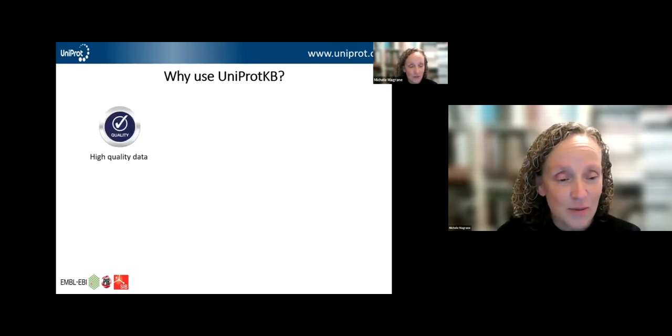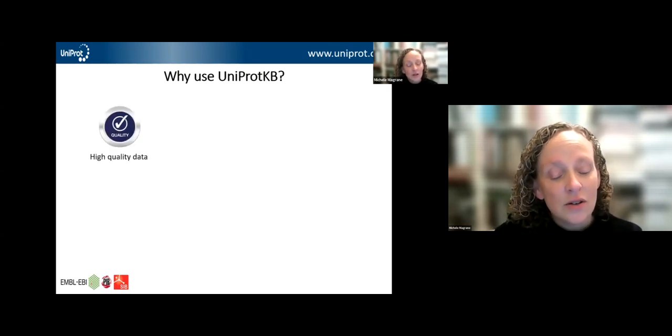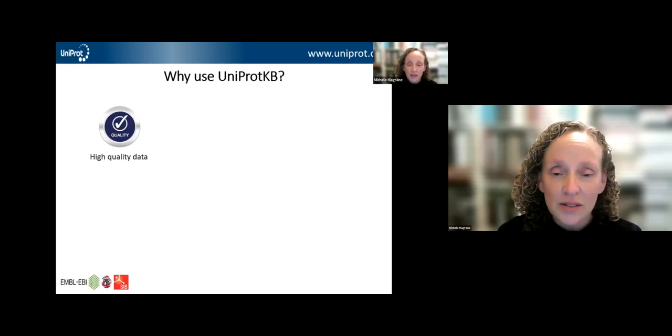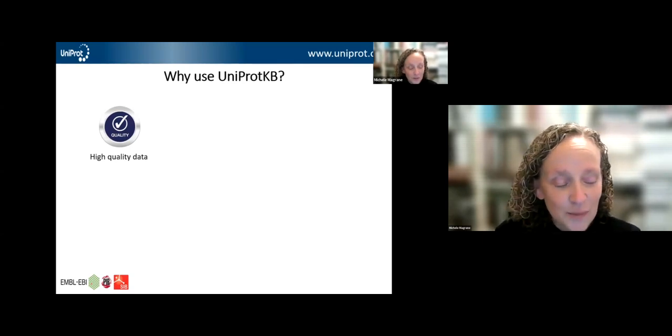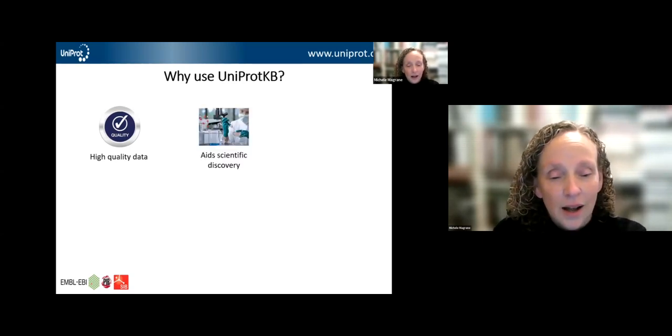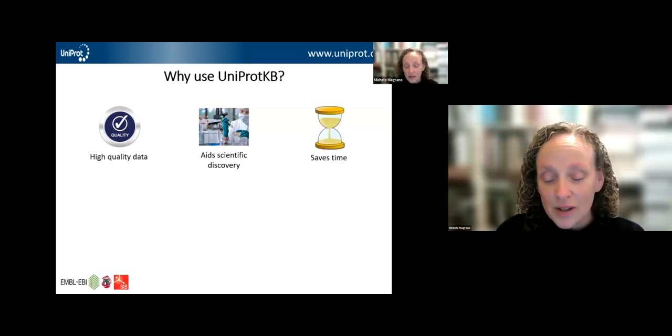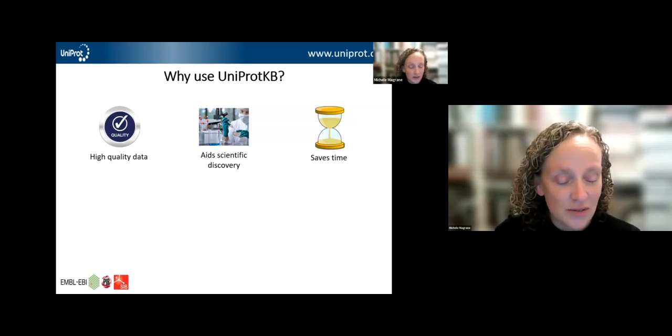It aims to provide comprehensive and high quality data, and aids scientific discovery by collecting, interpreting and organizing huge volumes of data. This saves researchers time in having to go and look for and collect all of this information for themselves.